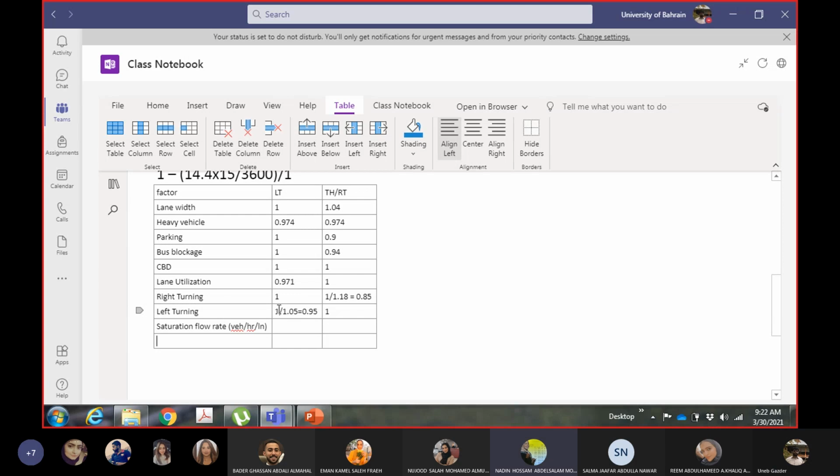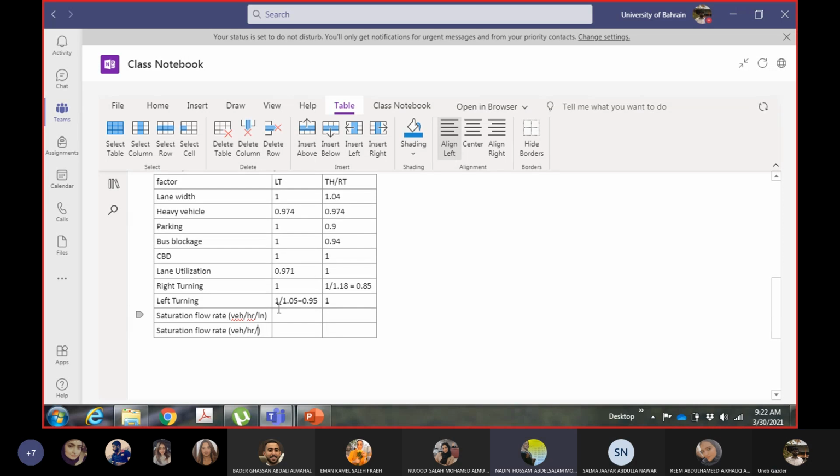For the left turn, it's 1707. For this one, 1384. And 884.